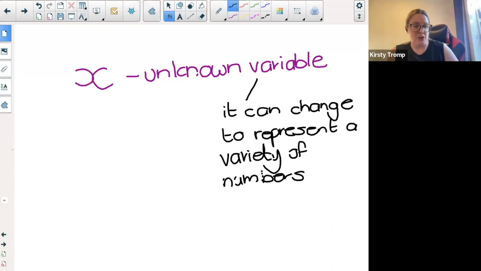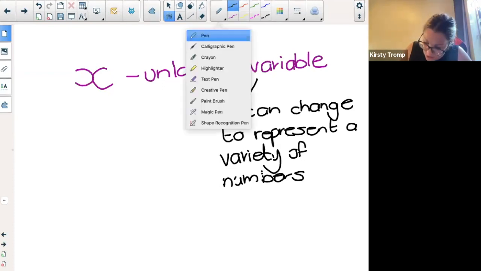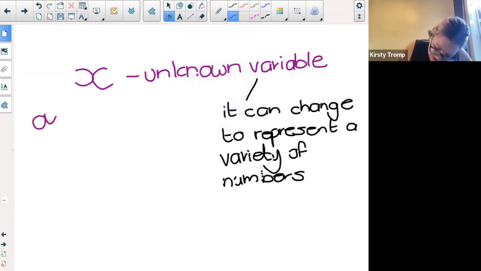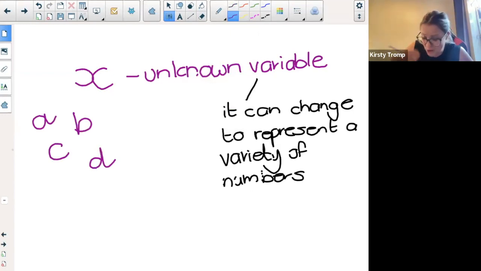So, do we always have to use the letter X? No, you don't have to use the letter X. You can also use letters like A, B, C, D. You can use any letter to represent that.